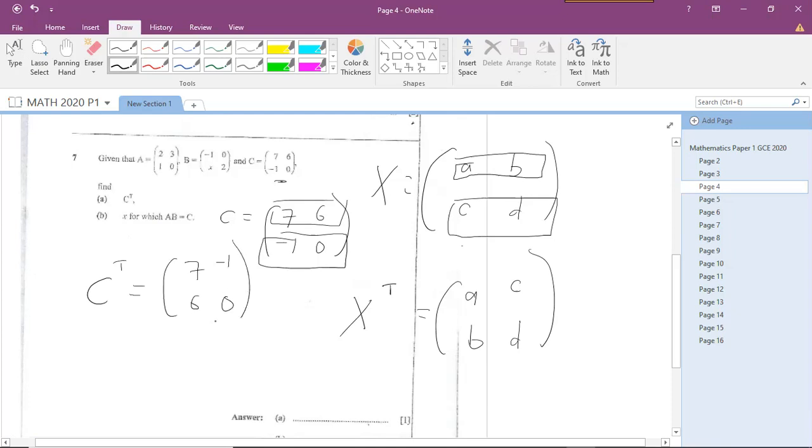So that's how we transpose the matrix. We just get the rows and turn them into columns. If you want to do the reverse, you can get the columns and turn them into rows. You're going to go back to the original matrix.